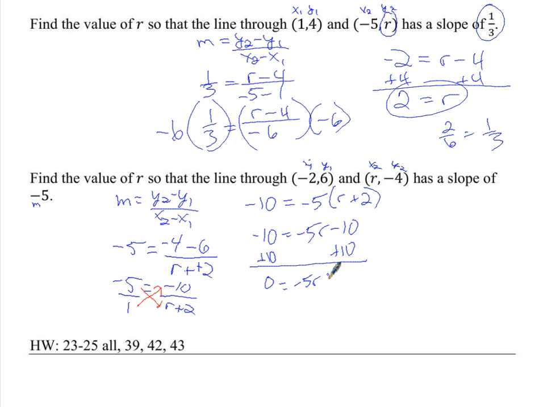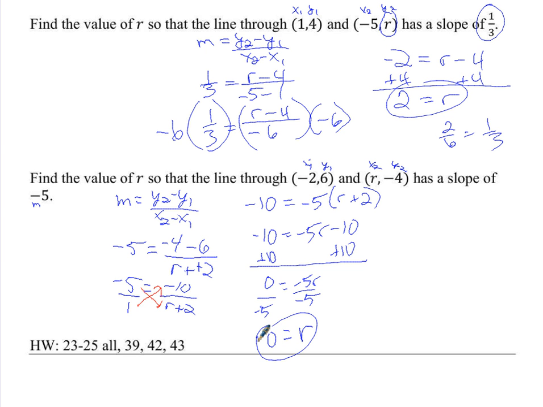No? Divide both sides by negative 5. That gives me what on the right? On the right? R equals 0 divided by anything besides 0 is 0. So r equals 0. That's the answer I got.